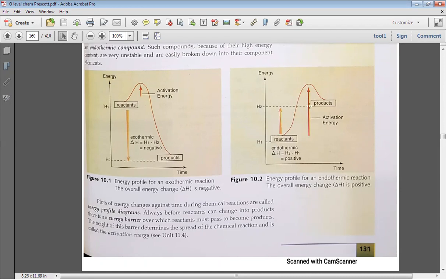But this is the part of the activation. So for all endothermic reactions, more activation energy is needed, and for exothermic reactions, we have a smaller amount of activation energy. This is the reason behind it for all types of exothermic and endothermic reactions.